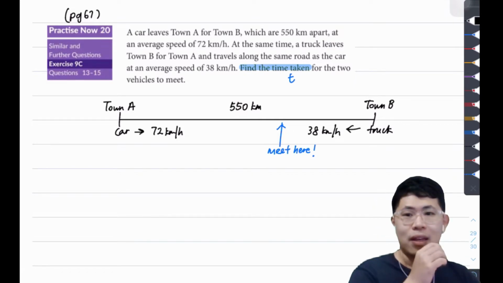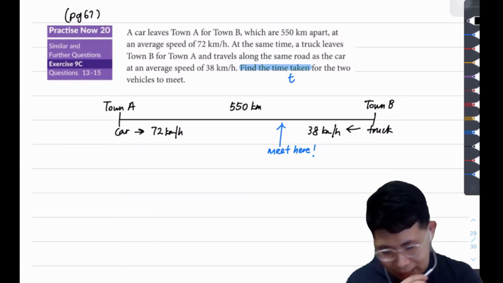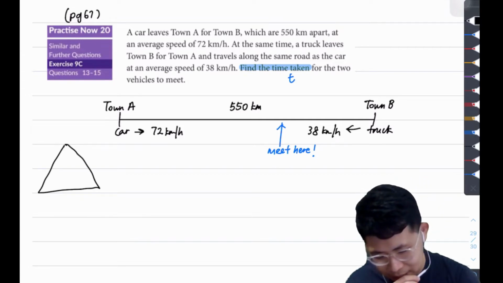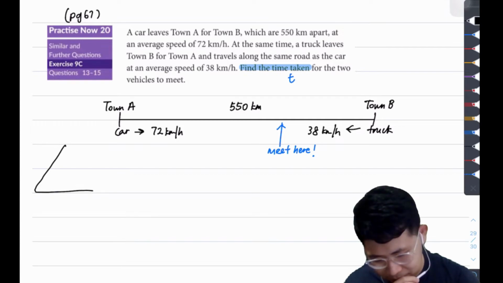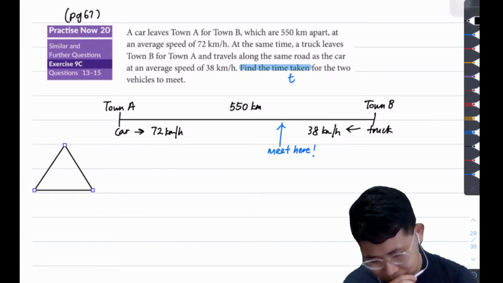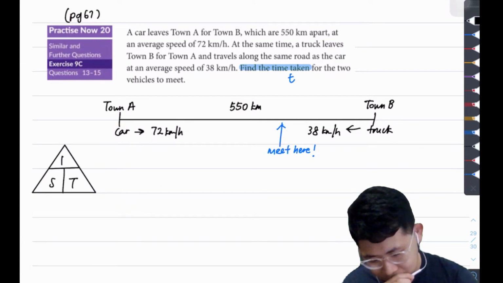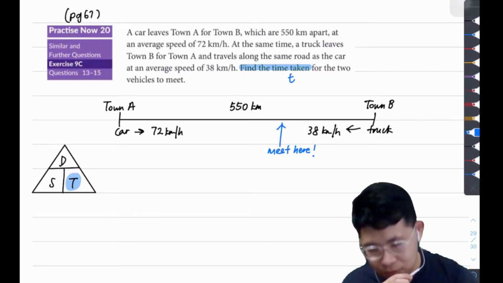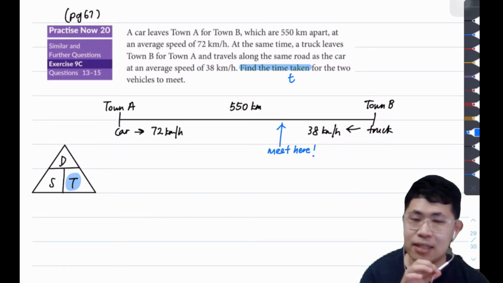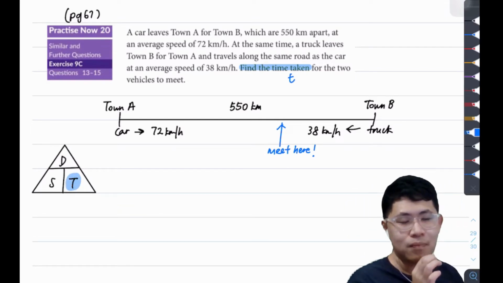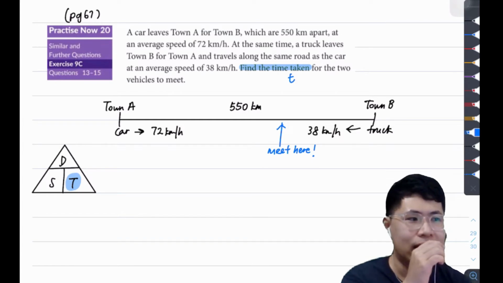Okay, so now let's take a look at the speed, time, distance triangle again, right? So in order to look for time, we will definitely need distance over speed.